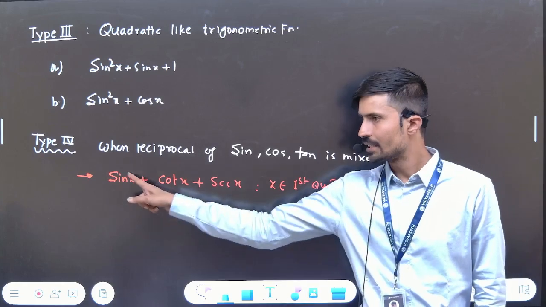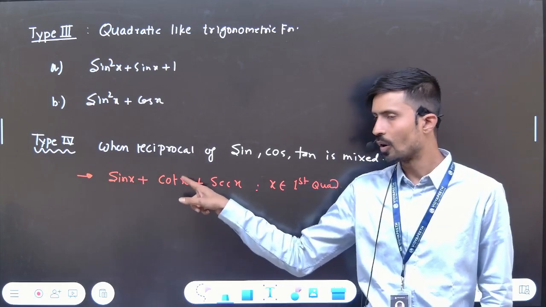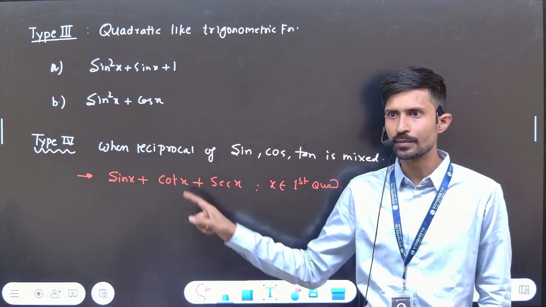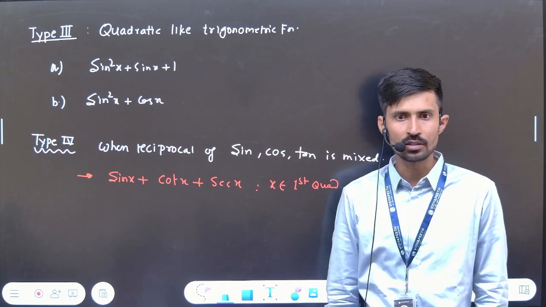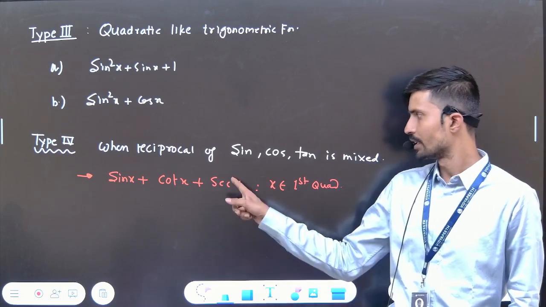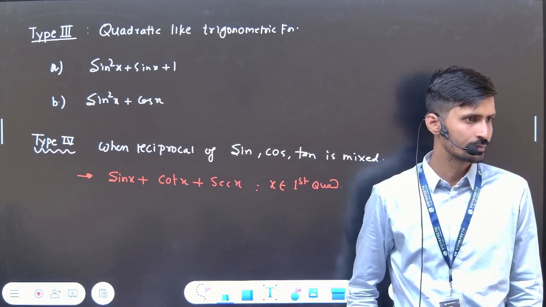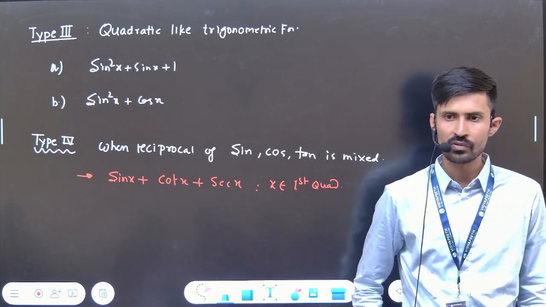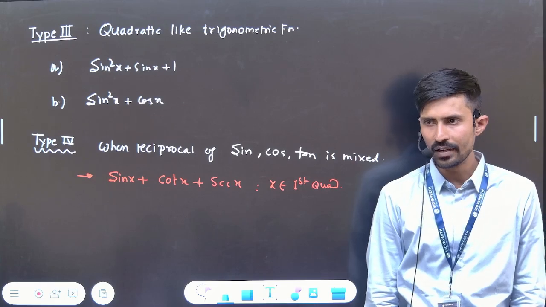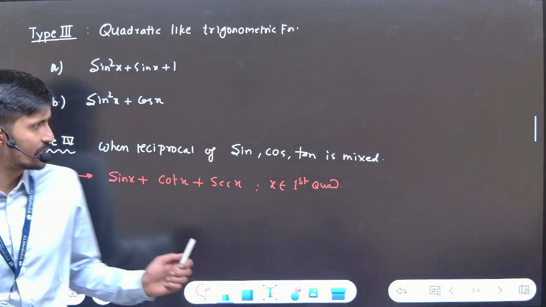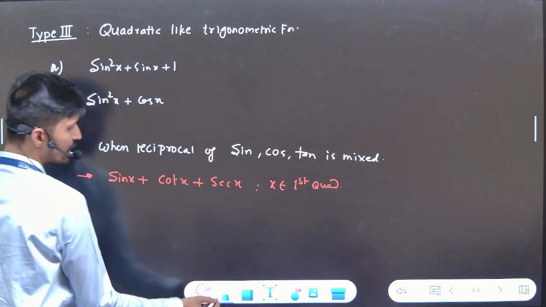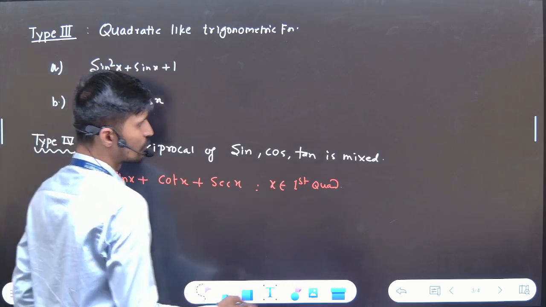Sine and 1 by sine matched. Now what is left? Cot is cos by sine, so cos is left. What will be the reciprocal of cos? 1 by cos, which is sec. So sec is present here. Okay? So in this type of range problem, we apply the AM greater than or equal to GM concept.